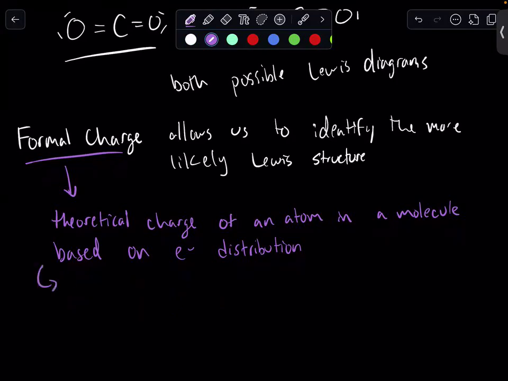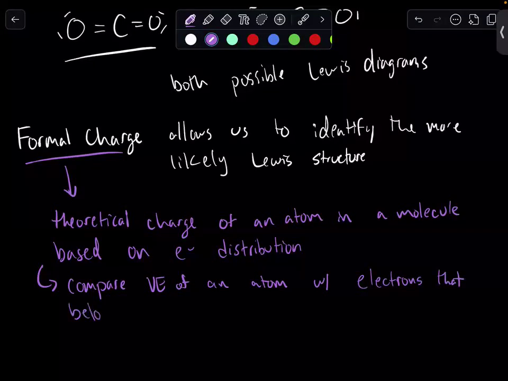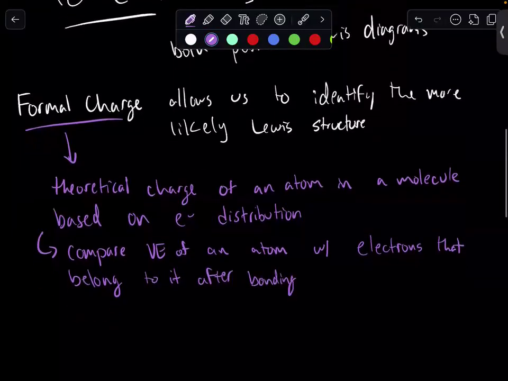It's more just comparing valence electrons of an atom with electrons that belong to it after bonding, which again doesn't make too much sense until we start counting these.